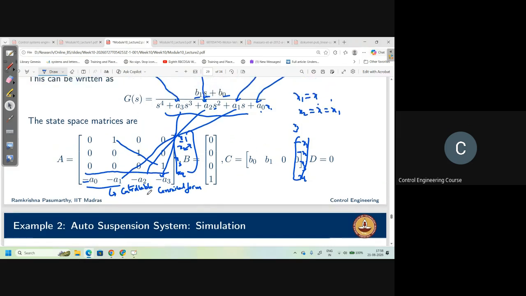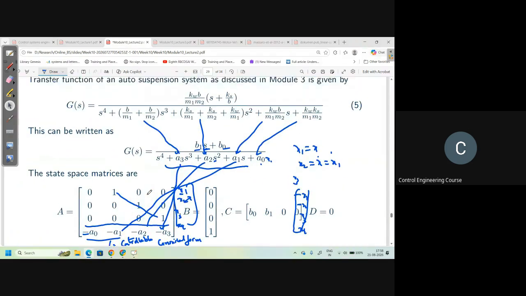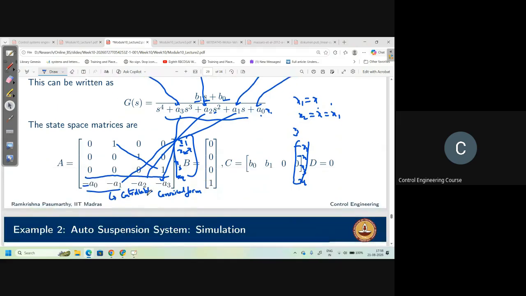In observable canonical form, how do you write the same thing? Suppose x dot equal to Ax plus Bu, where A is the A matrix in the controllable canonical form. The same thing in observable canonical form, we can write as x dot equal to A dash x plus B dash u, where B dash is nothing but C transpose.